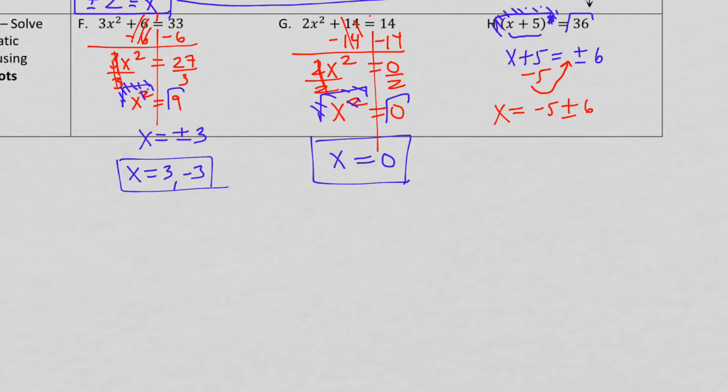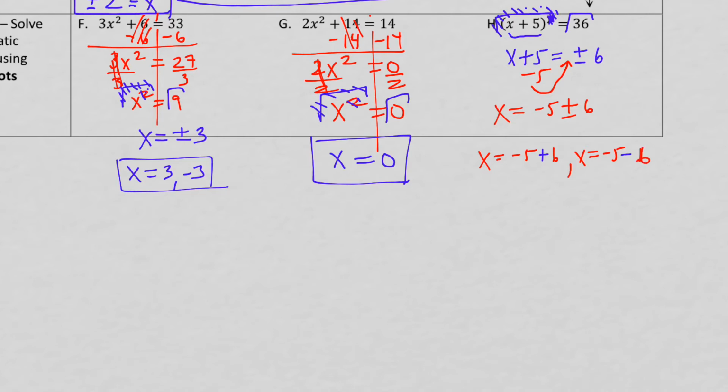You can separate the plus and minus into a plus and a minus. In other words, I can have x equals minus 5 plus 6 and x equals minus 5 minus 6.